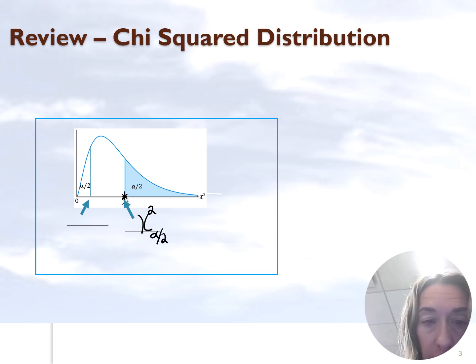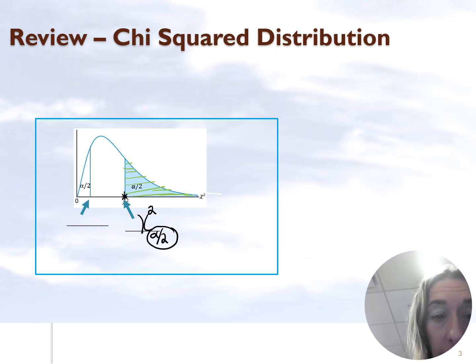The reason is that this critical value is shown as having alpha over 2 area to the right in the picture. And remember that the subscript on the critical value by convention refers to area to the right of it under the curve.